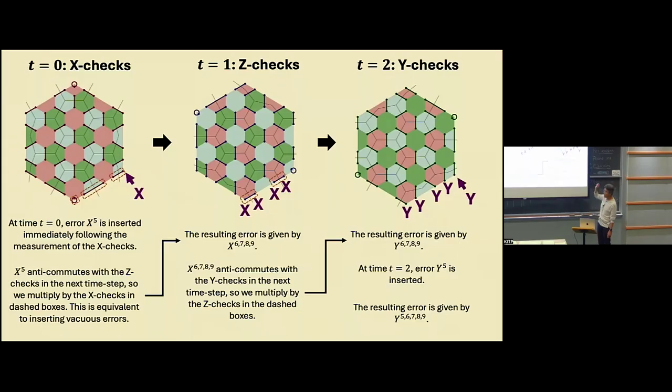Then at that moment, you insert another Y. So overall, except for those benign errors, all I did was inserting the X at that corner at time equals 0, and another Y error at the time equals 2, weight 2. But now you have a logical operator along that boundary by the combination of the inserted errors and some benign errors.